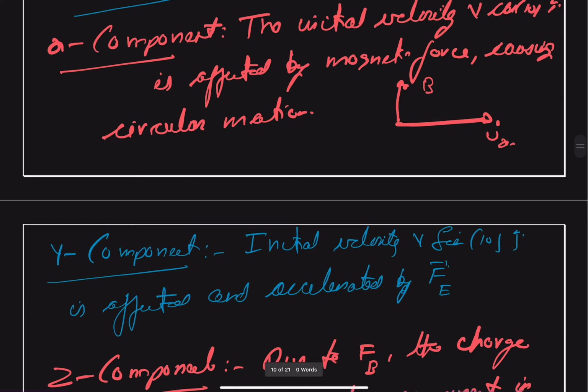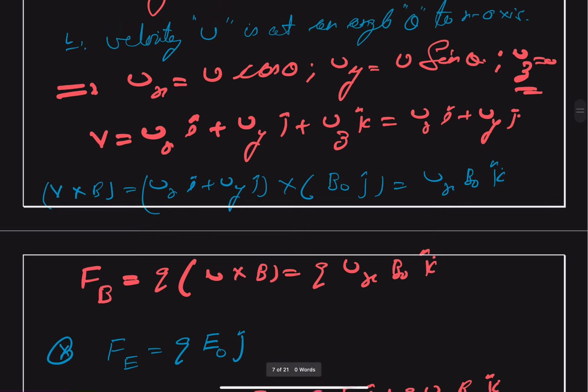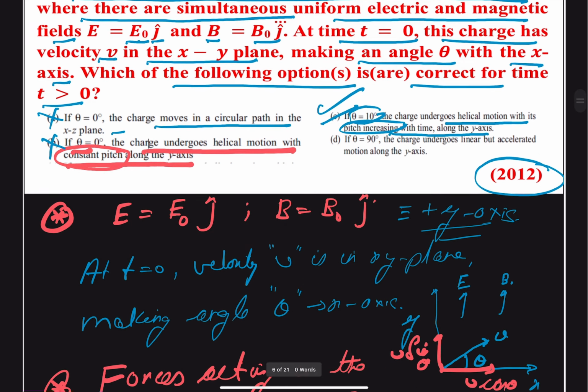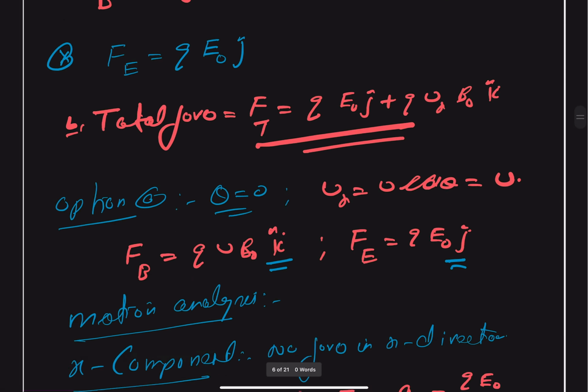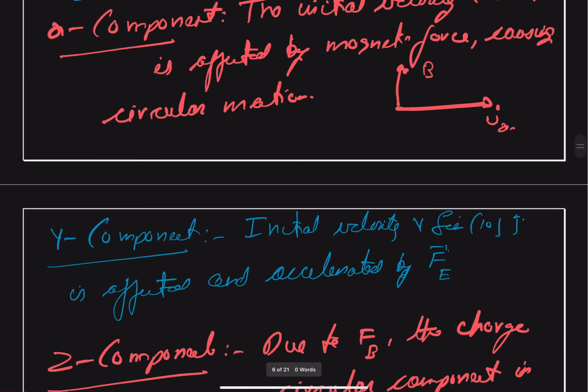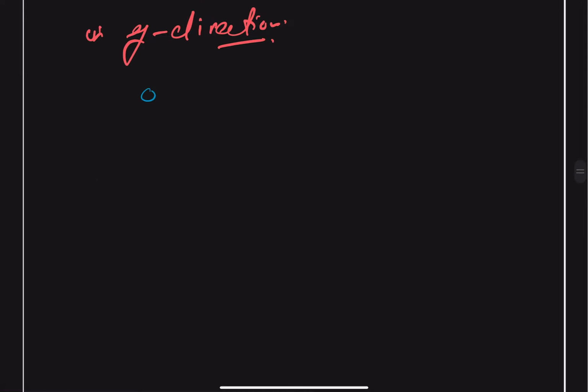And option D is, I think, it is given same. Yeah, linear but accelerated motion in y direction, so option D is also correct.